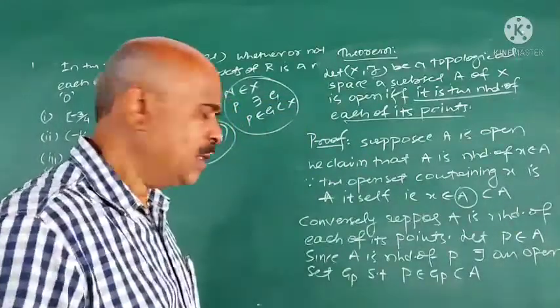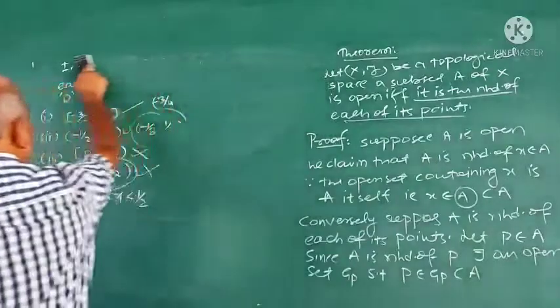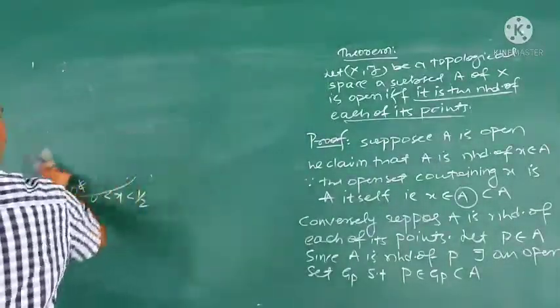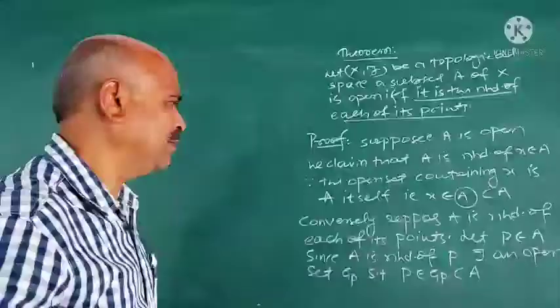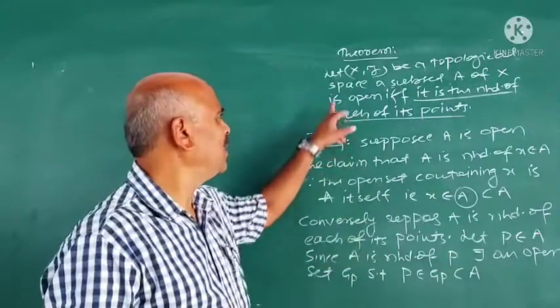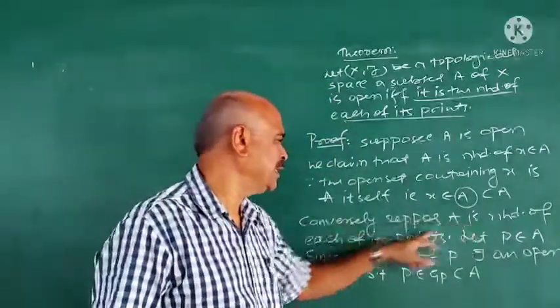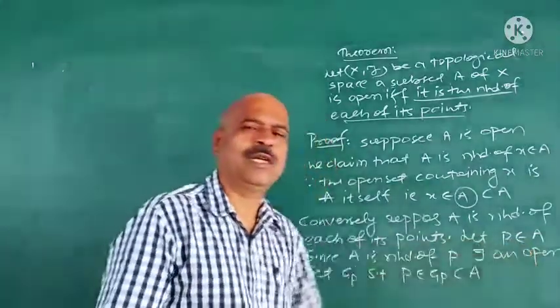Now, what is A? Anybody? What is A? A is any set we have taken. Correct? A is any subset of X, but we have taken A as a neighborhood of each of its points. And we have taken P belongs to A, an arbitrary point.